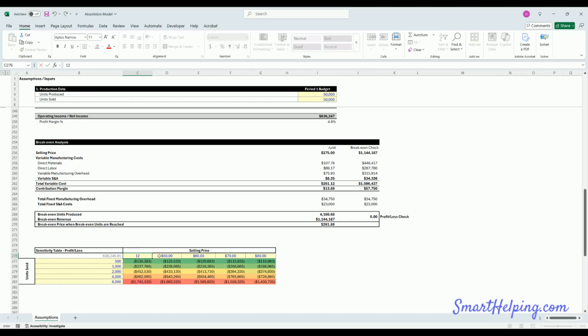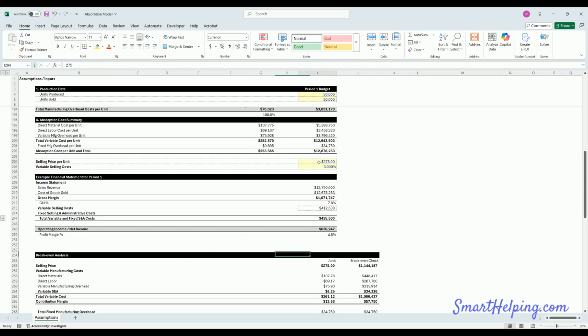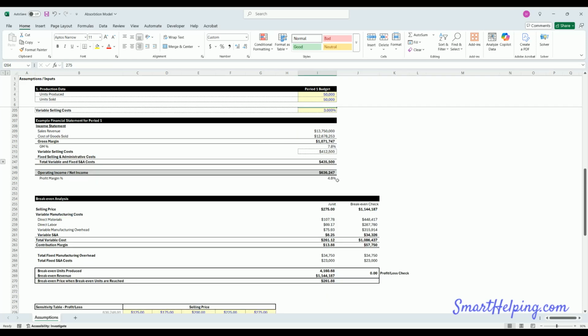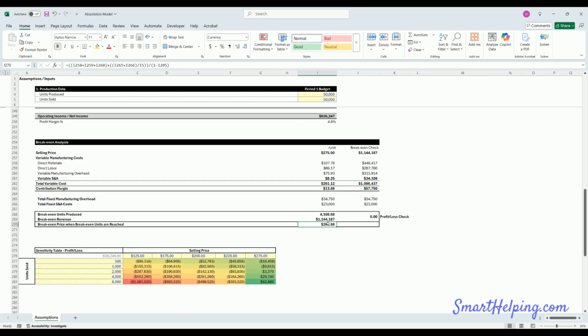So let's look at 125, 175, 200, 225, and 275. So now I can see, okay, I know 275 is profitable a bit. My break-even price under these circumstances is 261. So you can see somewhere between this, let's say I put this at 260.